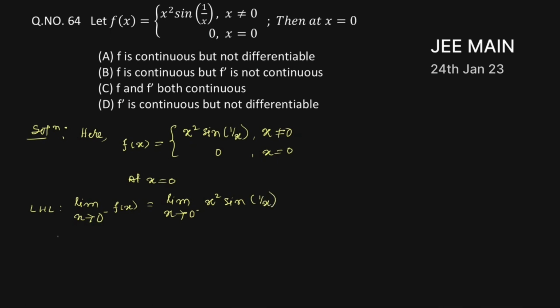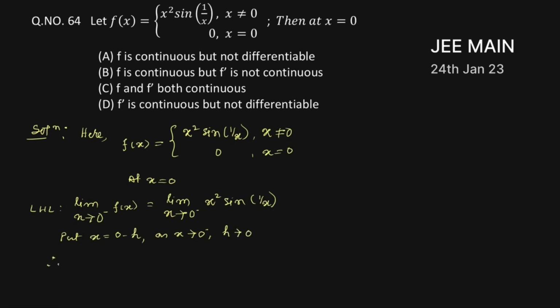Now put x equal to 0 minus h. H is a small value which is subtracted from 0, so that the value of x comes less than 0. As x tends to 0 to power minus, we are able to write h tends to 0.